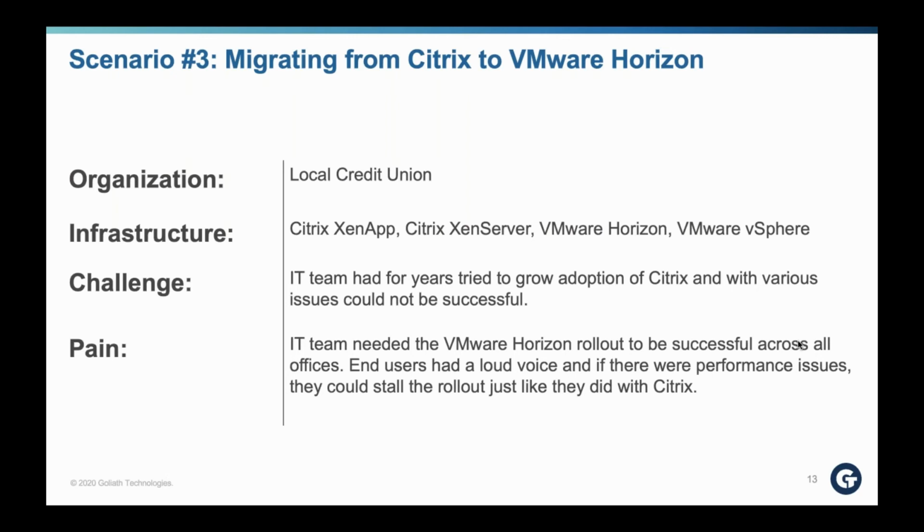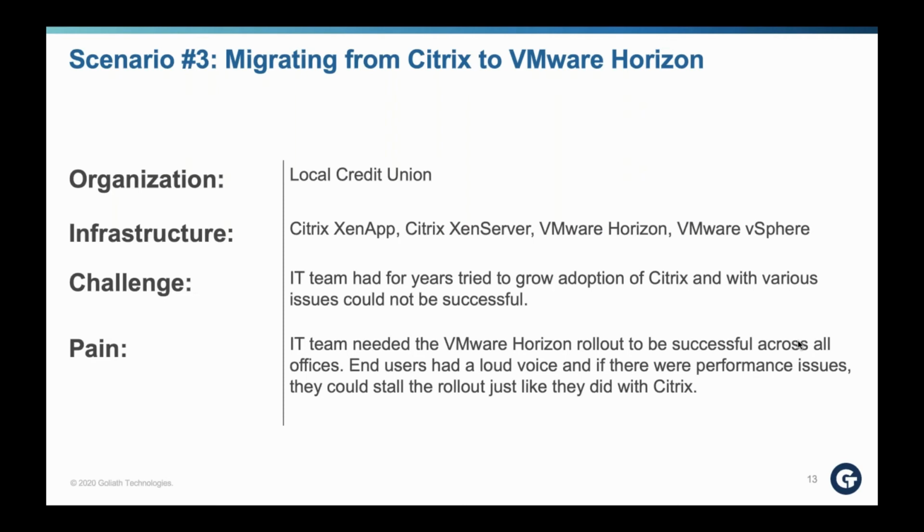So they rolled out VMware Horizon, and because of the pain they went through supporting their former Citrix environment, they wanted technology in place to alert them to issues before users are impacted, and information to understand the environment and any issues taking place, so that users would not have the same experience as they did with Citrix.